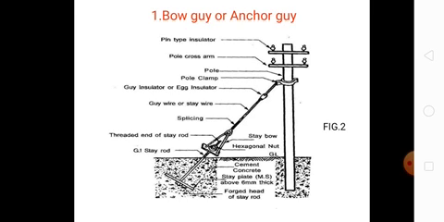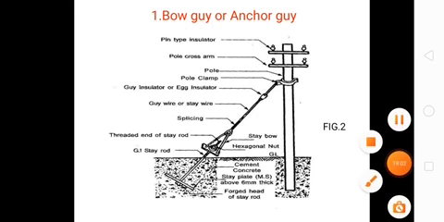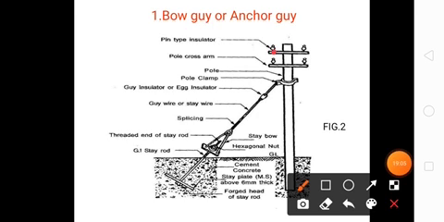Bow guy means we are connecting a wire between the pole and the ground to support the pole. Here it is the spin type insulator, and here it is the horizontal cross arm.